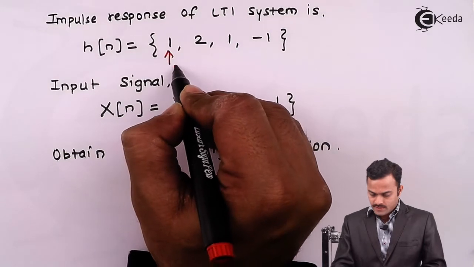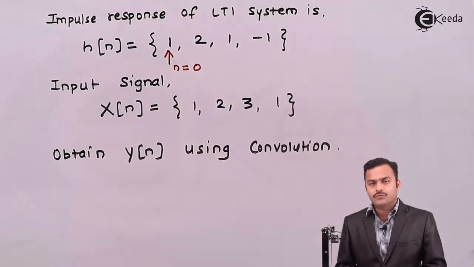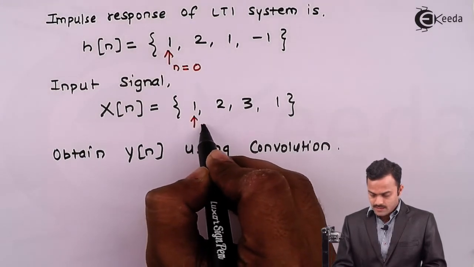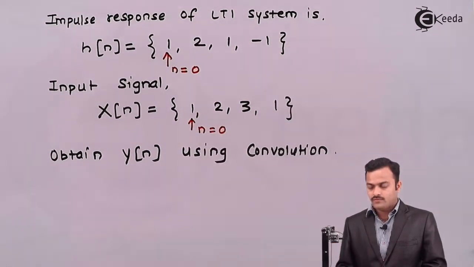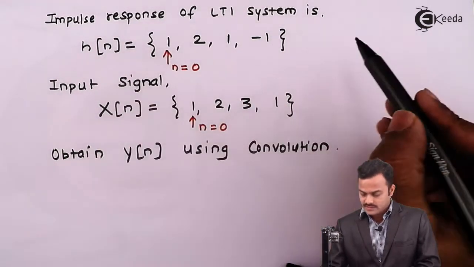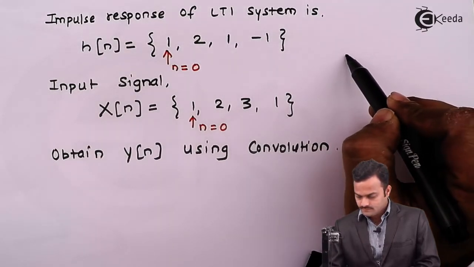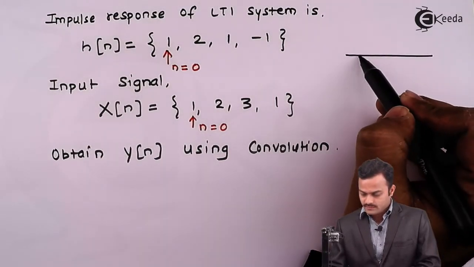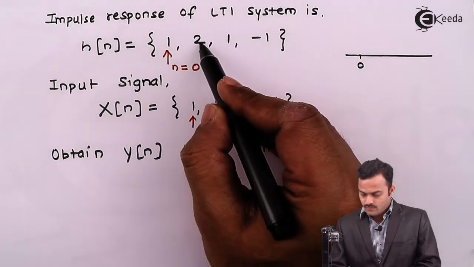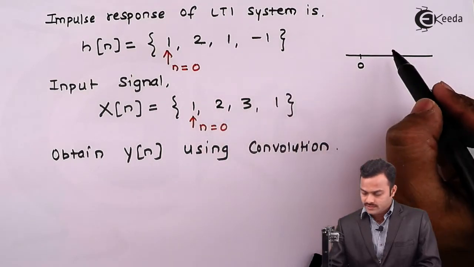So this is the instant where n equals 0 for h of n, and this is the instant where n equals 0 for x of n. So basically I can consider h of n like this. It starts at n equal to 0, 1, 2 and up to n equal to 3, so 4 elements exist.